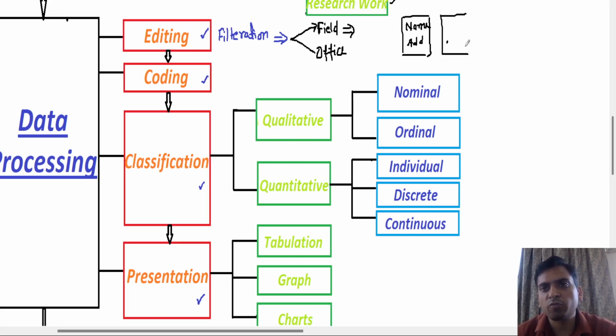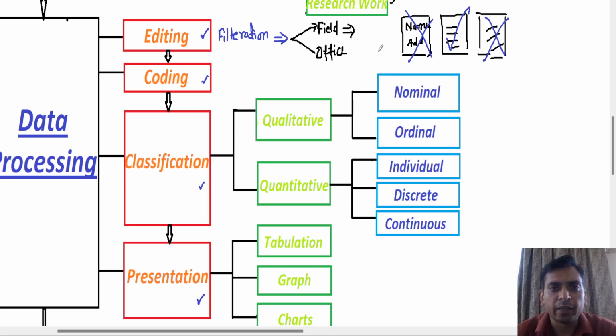The second page of the questionnaire is important because the main questions are there. The third page, suppose, is again a useless page, other information, your class, your city, where you are living and so on. So only the required information stays, and on the spot the data collector will remove these two pages. This is considered field editing. Now second is office editing.